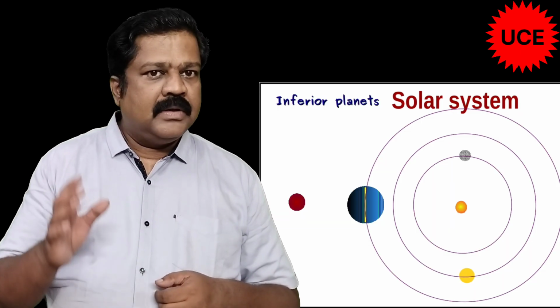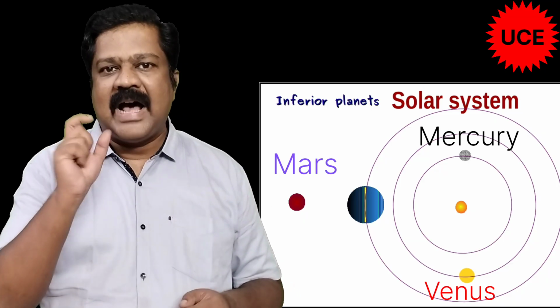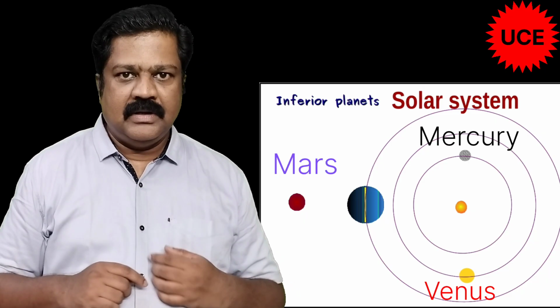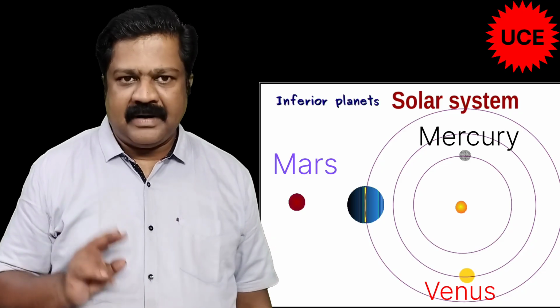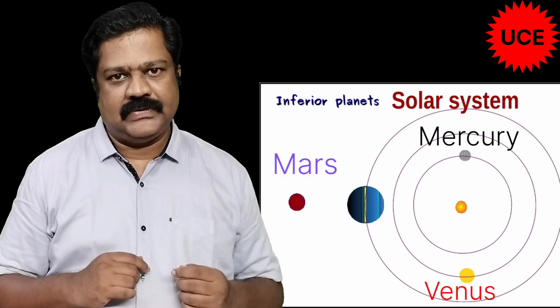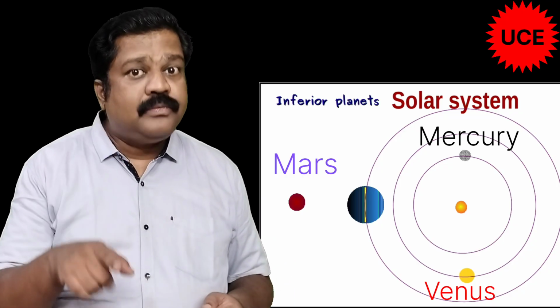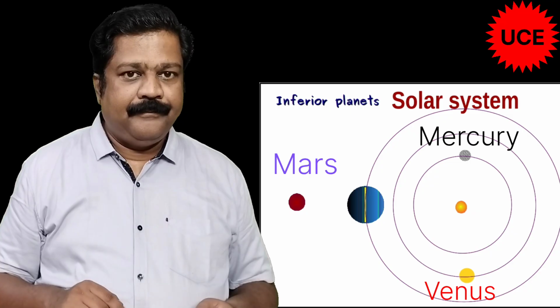Now I am focusing again on the point of why they are called inferior planets. So look at this diagram, where half of the Earth is shown dark, that is the night part, and half is the day part. Earth is rotating around its axis. Now, suppose the view of Earth is from the top.